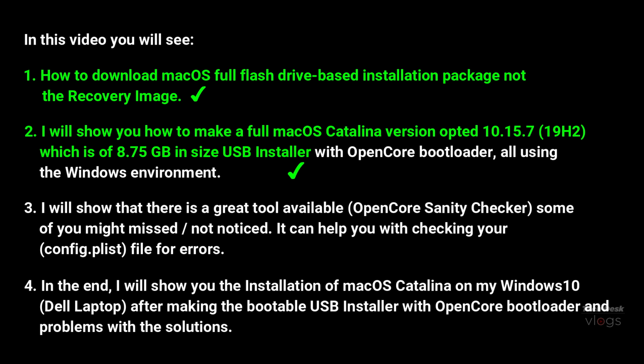This is the part 1 of the video completed here, in which you have seen number 1. How to download macOS full flash drive based installation package, not the recovery image. Number 2. How to make a full macOS Catalina version 10.15.7, 19H2, which is of 8.75 GB in size USB installer.